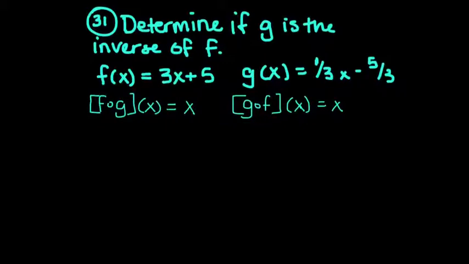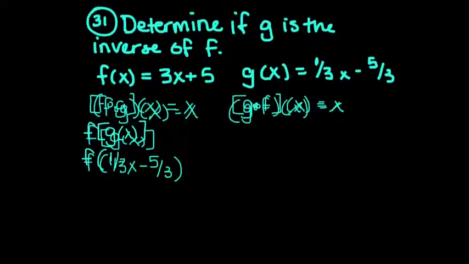So for the first composition, f composed with g of x, that means finding f of g of x. In other words, I want to evaluate the function f, and for the domain value, I want to actually plug in the entire function g of x, which is 1/3 x minus 5/3.